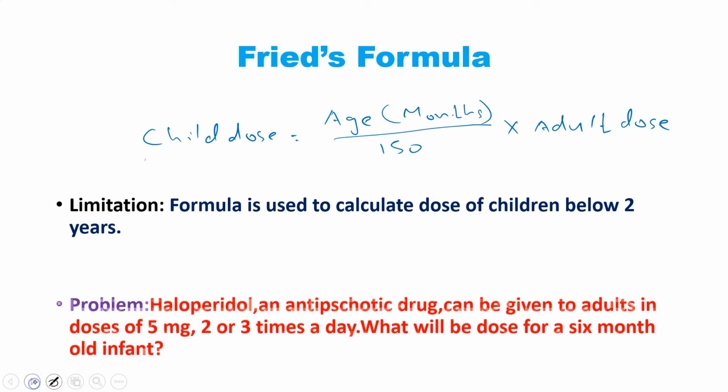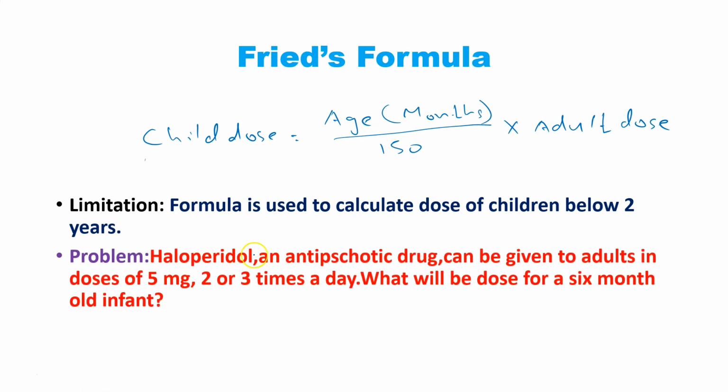Now we will see one problem. Haloperidol, an antipsychotic drug, can be given to adults in doses of 5 mg, 2 or 3 times a day. What will be the dose for a 6-month-old infant? This formula can be used for below 2 years. And if in any problem the age is given in years, you need to calculate in months, because the formula says months.